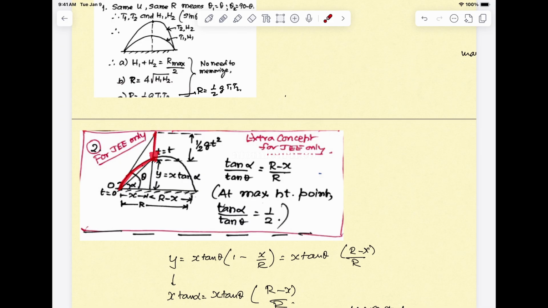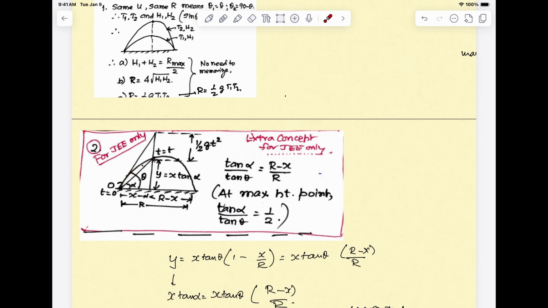This is the proof you will have to actually do. Now this is very simple, because at time t equal to 0, the stone is here and the bird is here. At time t equal to t, because the bird is free dropping, it has covered a distance of half g t squared as per this. Also, the stone has moved to this point by that time t, as we have now proved here, right?